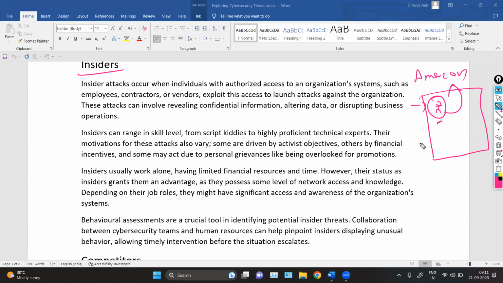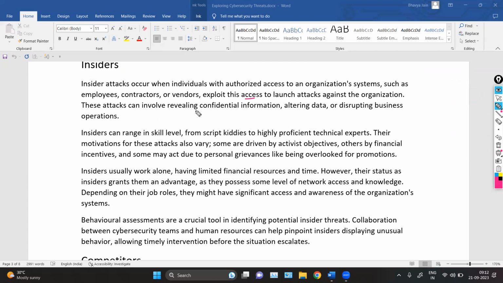He or she knows about the company, like how many departments we have, and also the architecture of the company, and also has access to various resources like the systems, the servers, etc. And plus, if he or she has higher privileges, then it is a plus point, right? So insider attacks occur when individuals with authorized access to an organization's systems, such as employees, contractors, or vendors, exploit this access to launch attacks against the organization.